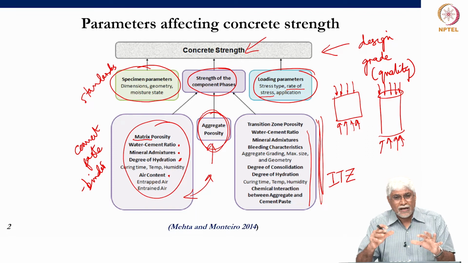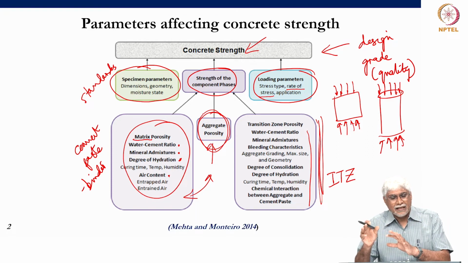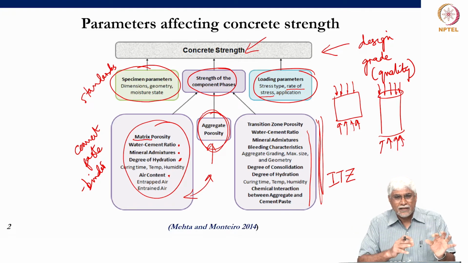So, if we compare concrete with pristine aggregates to concrete with recycled concrete aggregates, we should understand that what we called the aggregate before is now aggregate with some mortar stuck on it, and the interface therefore becomes wider.